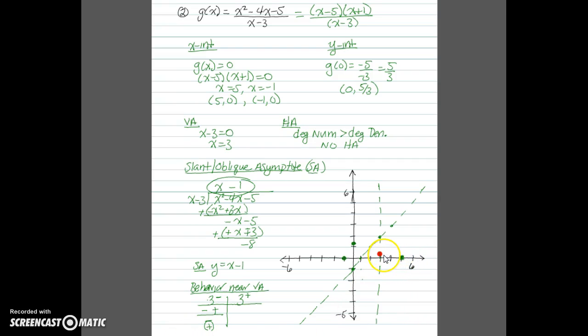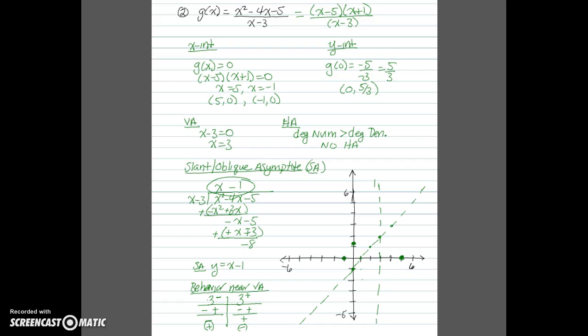As I approach 3 from the right-hand side here, a little bit bigger than 3, this term will be negative, this term will be positive, and if I'm a little bit bigger than 3, this will be positive as well. So I have one negative sign, which means overall it'll be negative.